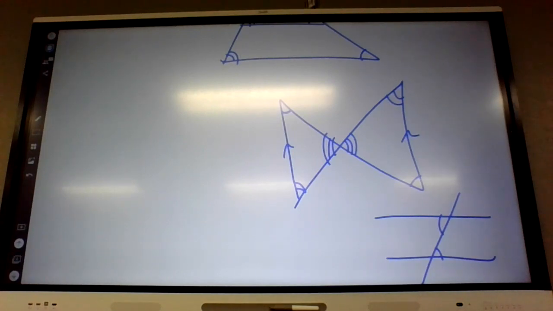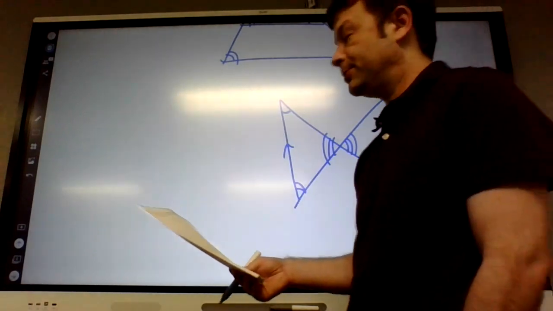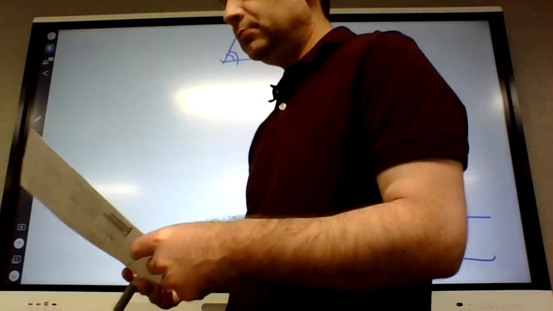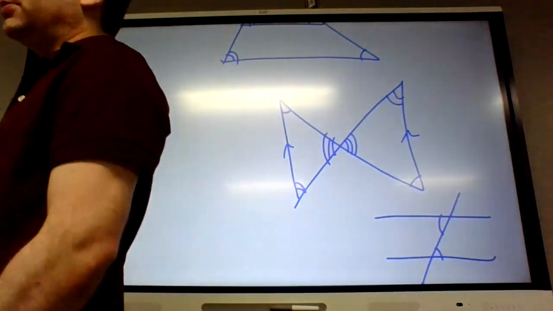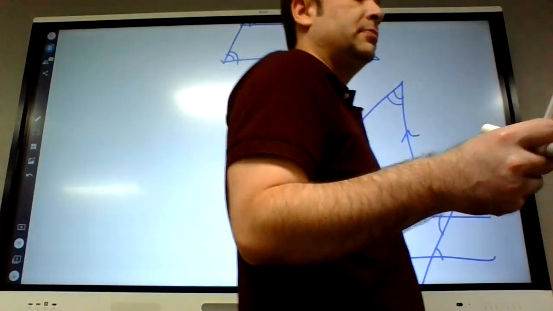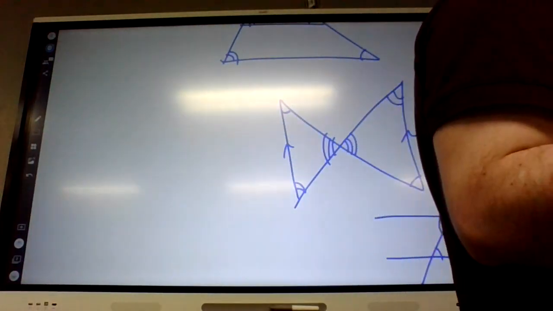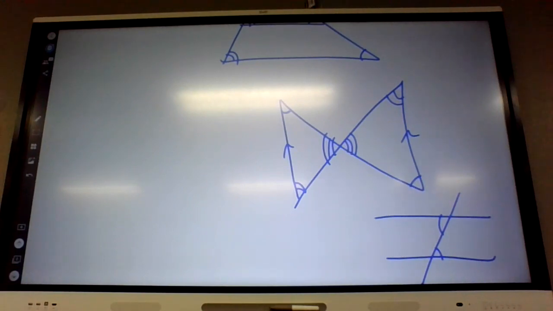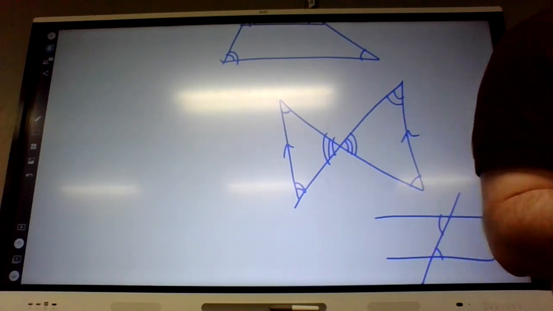So Caden, what's a similarity statement we could use for number 1? Similarity statement is like triangle blah blah blah. Okay. So it's like triangle TUS is similar to triangle HGS.